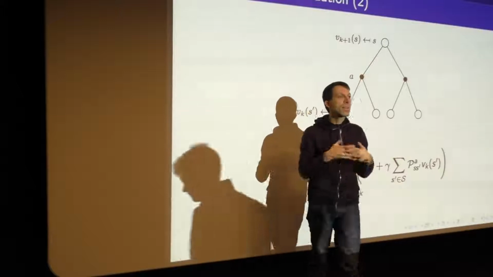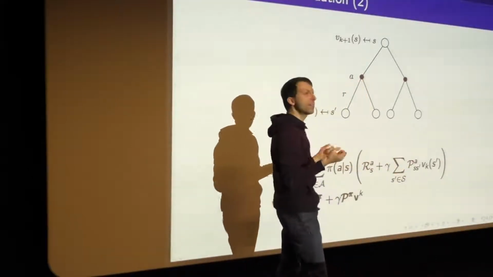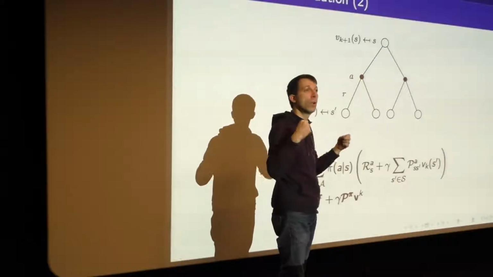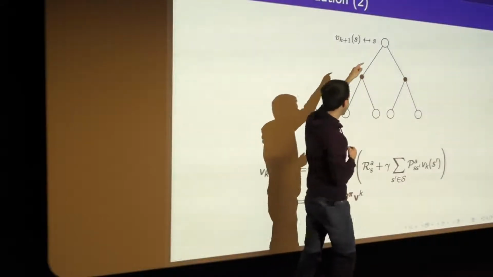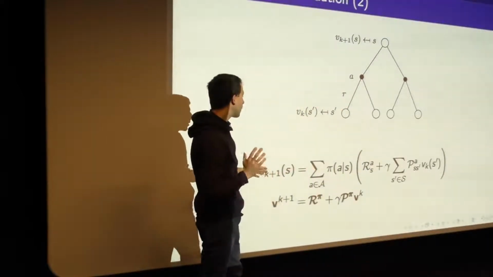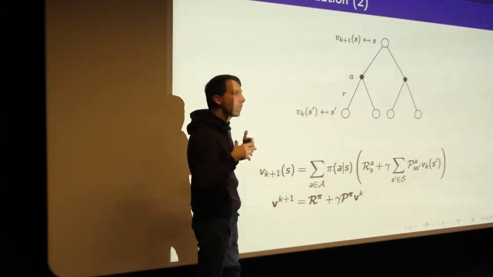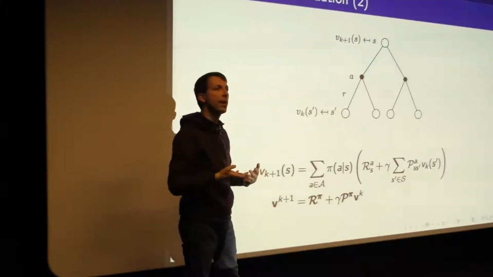So all we're going to do with dynamic programming is take this equality. The Bellman equation told us this must be true for the true value function v pi. That tells us that this must be equal to this. Now for dynamic programming, we're going to turn this equation into an iterative update.